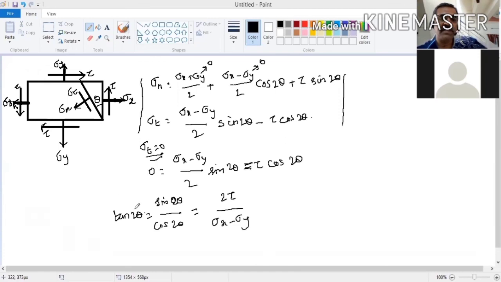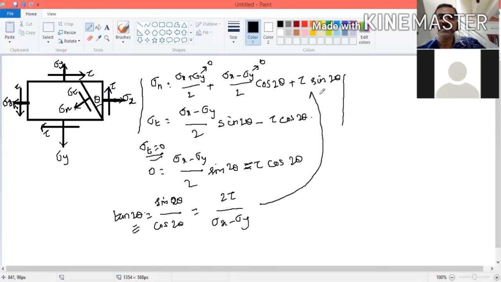Now you find the value of theta here and substitute in this equation. If you substitute, you will get the maximum sigma n. That is known as maximum principal stress. What is that value? Let us take sigma 1.